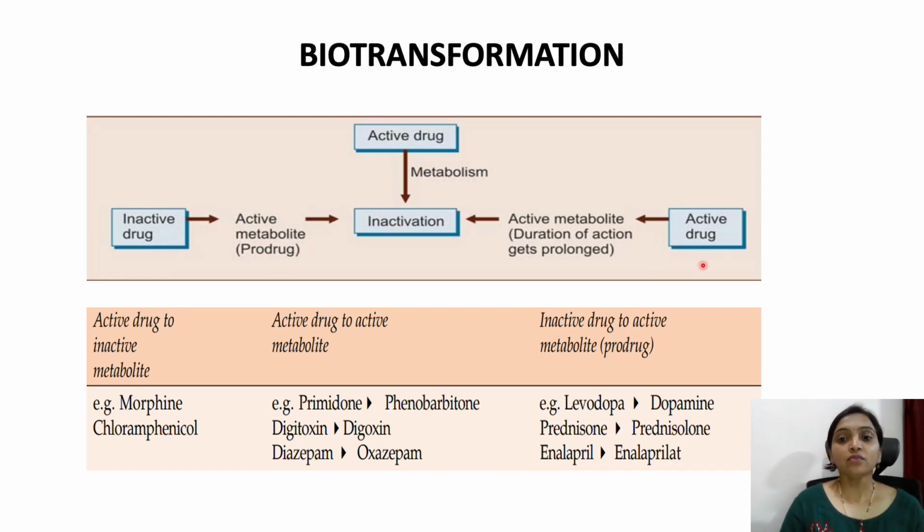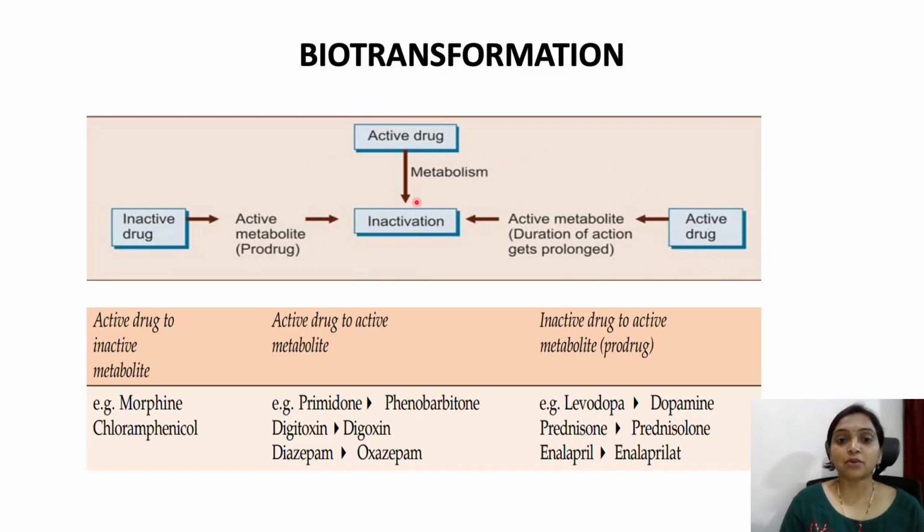Also, an active drug can be metabolized to another active metabolite, which has the same effect or more effect than the prior drug, and then it can finally be inactivated to form a polar soluble compound so that it can be easily excreted.